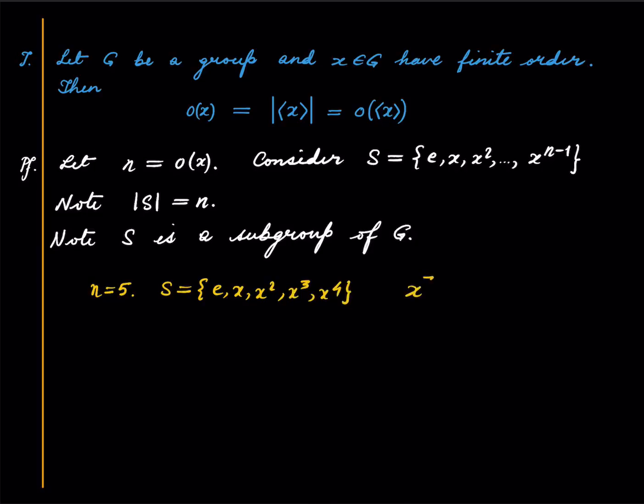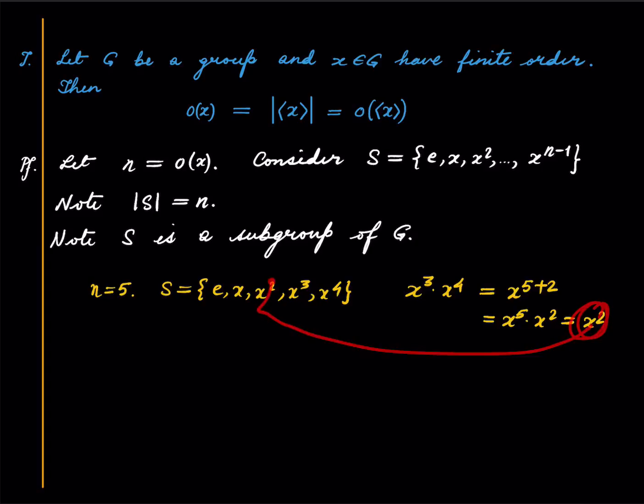And suppose we multiplied x to the 3 with x to the 4, we would get x to the 7, which is x to the 5 plus 2. Since x to the 5 is the identity, this is x squared, which again falls inside S. So because of this wraparound, S is closed under multiplication. And similarly, you can show that S is closed under inverses. So just convince yourself of these two things.